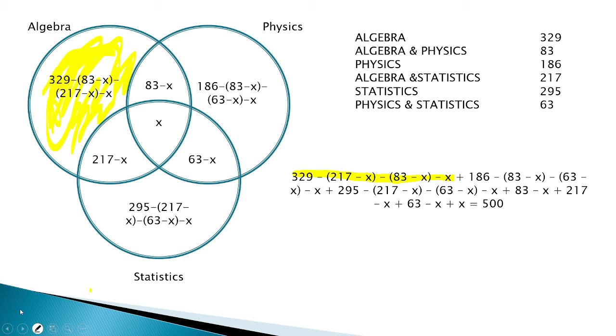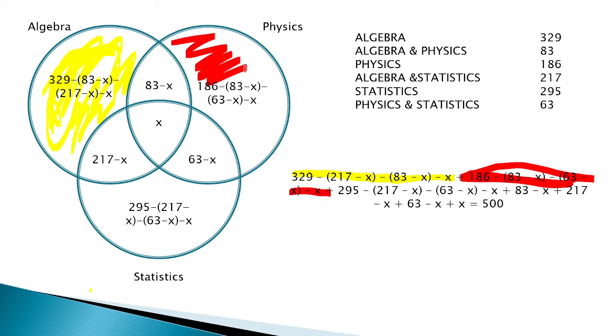Tingnan ko kung maiba ko yung color, no? Ayan. Ito naman is this region. Ayan. Next, we have 295 minus 217 minus x minus 63 minus x minus x. So, ito naman is this region.